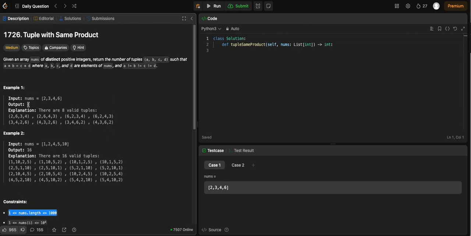Actually, why are there so many? What I'm thinking right now is that if we have a set instead of a tuple, we can only really make one set that has that property, right? So let's say a times b equals c times d.